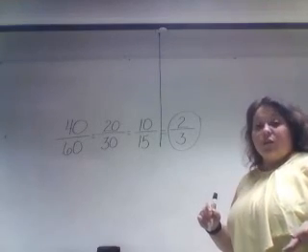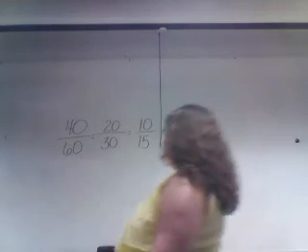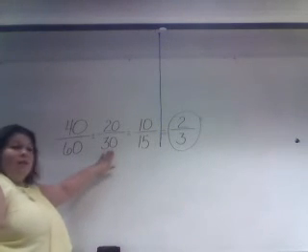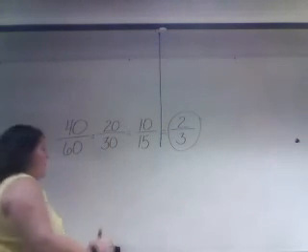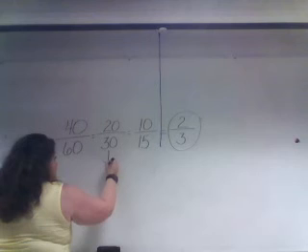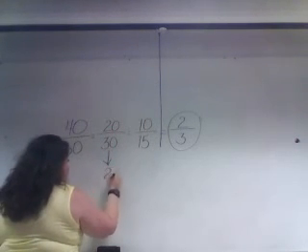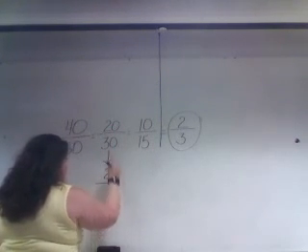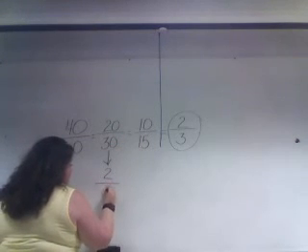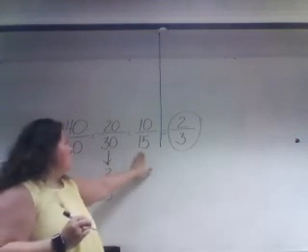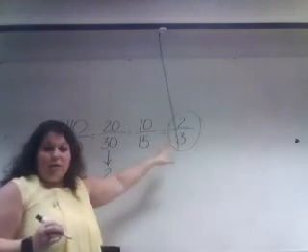Now, some of you might have noticed all the way back here that if you divided each of these by 10, so 20 divided by 10 is 2, 30 divided by 10 is 3, you could have missed these extra steps.